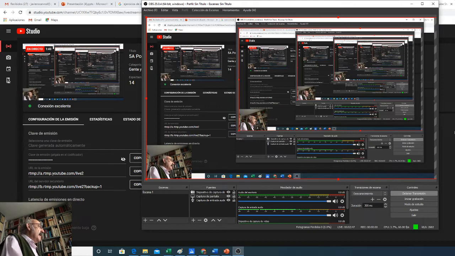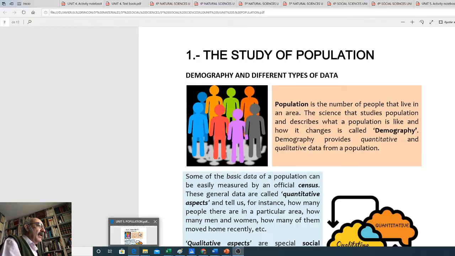So now all you need to have before you is your notes, your social science notes, and we're going to start with this part. We want to start with the study of population, and the first thing you need to know is the definition of population.